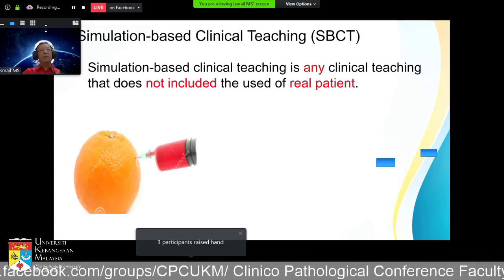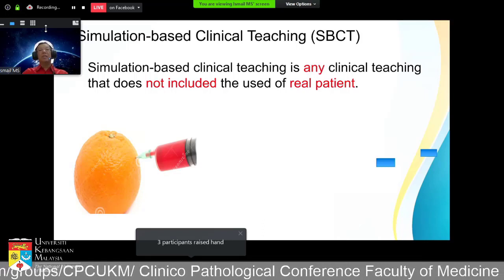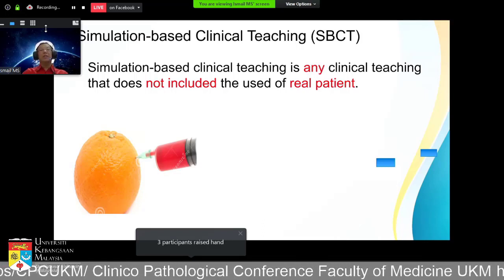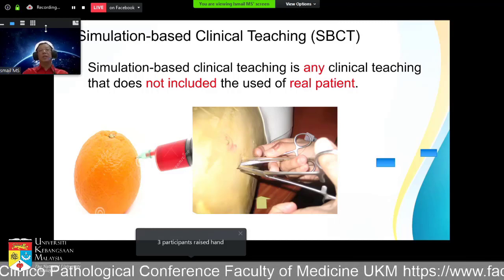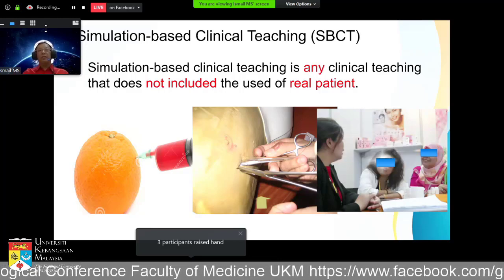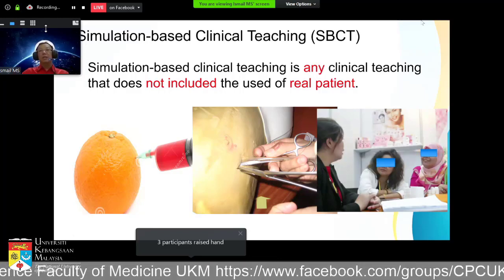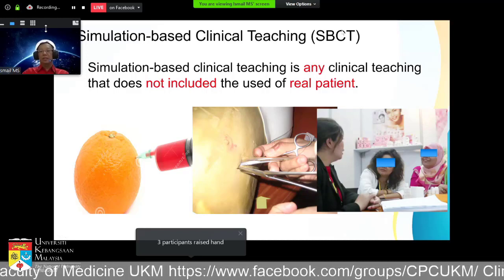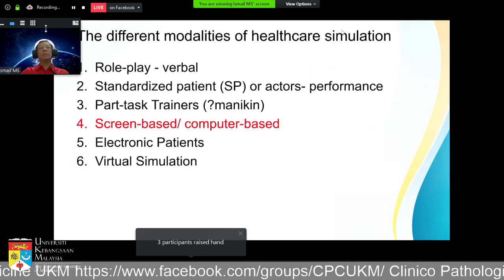For example, if you want to teach someone how to do an IM injection, you can use an orange with a syringe to let them feel the give, or you can use a simulator. You can just poke into the lung, or sometimes you don't have to use a simulator, just go around talking about things, and that is also called simulation, as long as it is not a real patient.